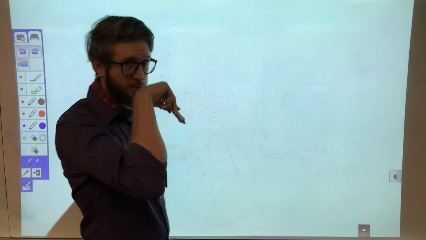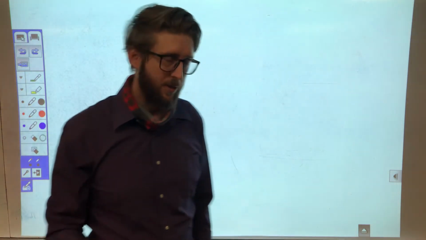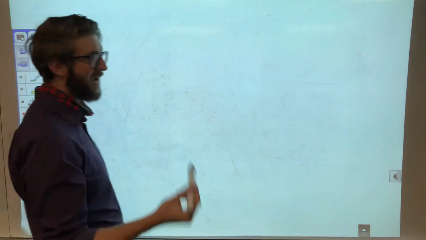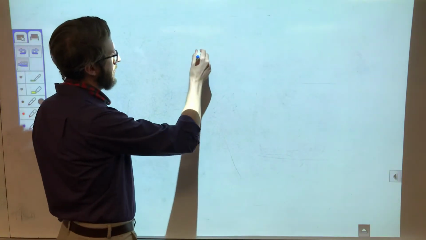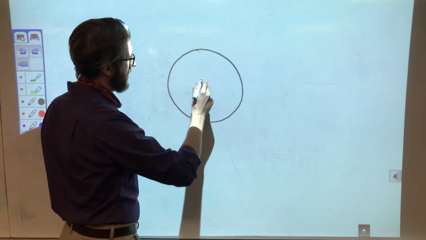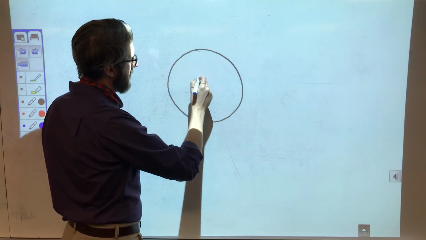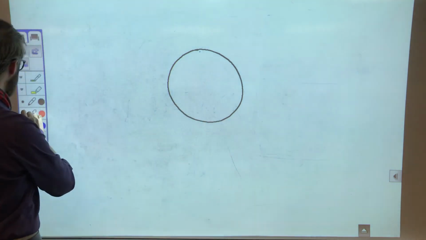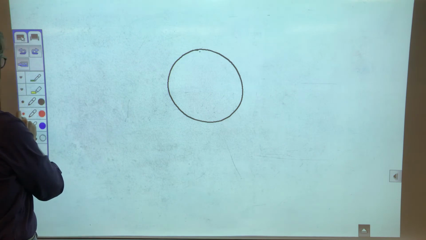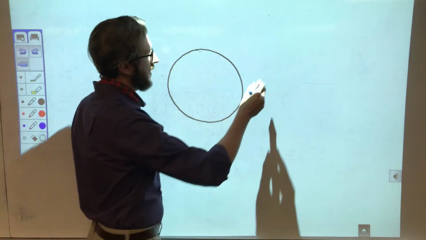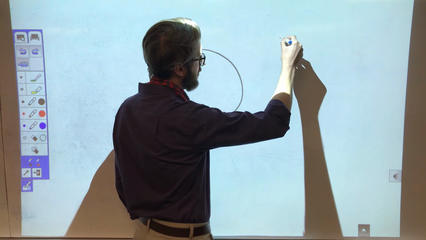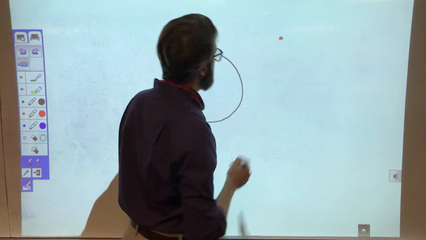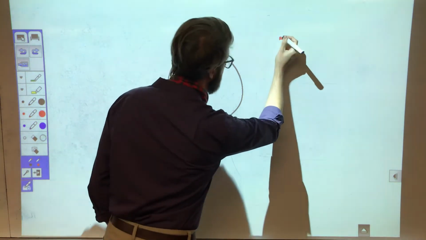Now, the last thing we're going to talk about is vaccines and how they work. So the idea behind a vaccine is to expose your body to a weakened version of the virus. Now, remember, the virus has these antigens on it.